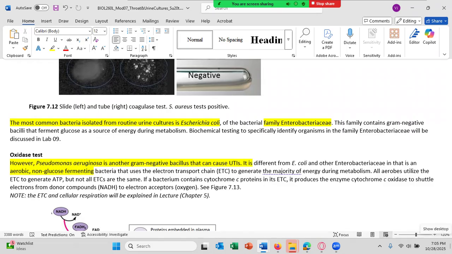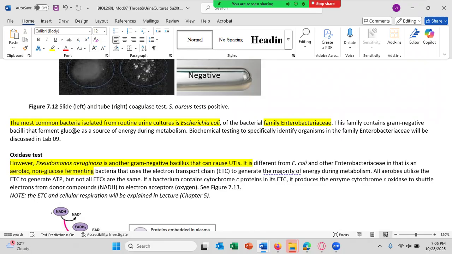There are some other differences between the families. The family Enterobacteriaceae can all ferment the sugar glucose. The family Pseudomonaceae, none of the members can ferment glucose. There's one other difference. What the heck is it?